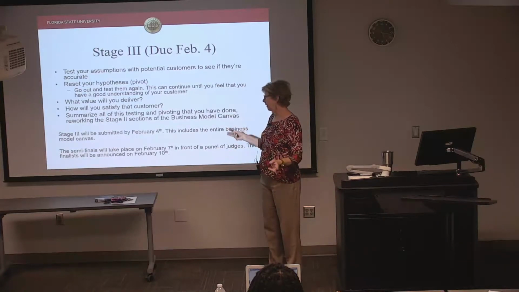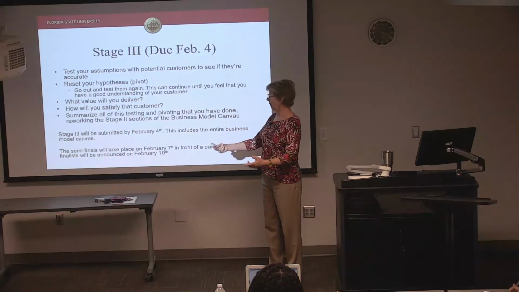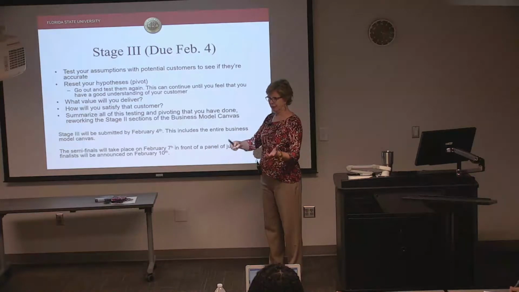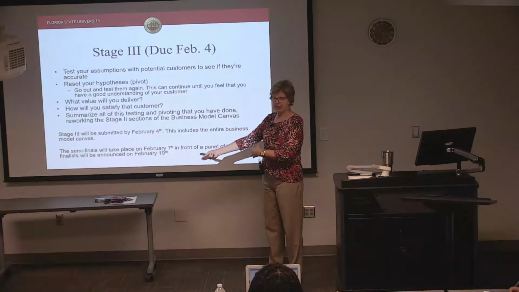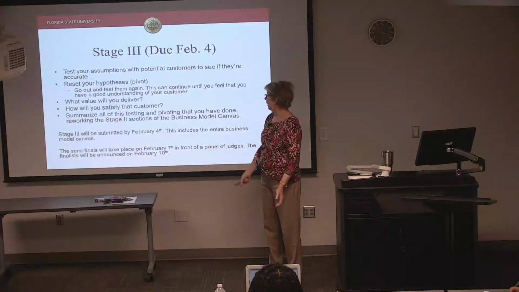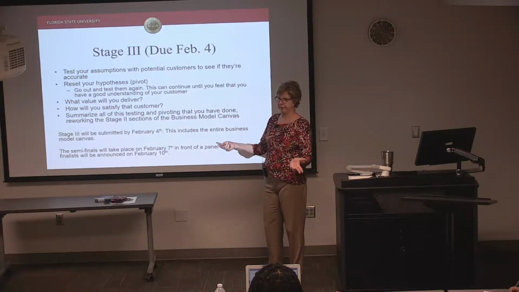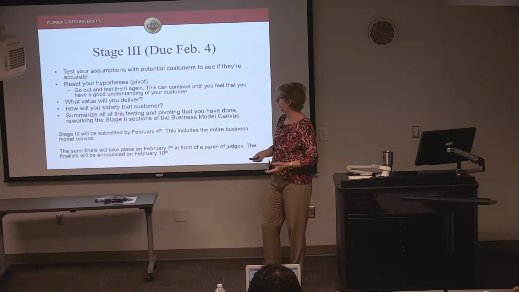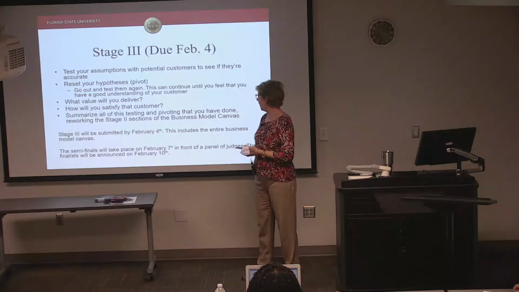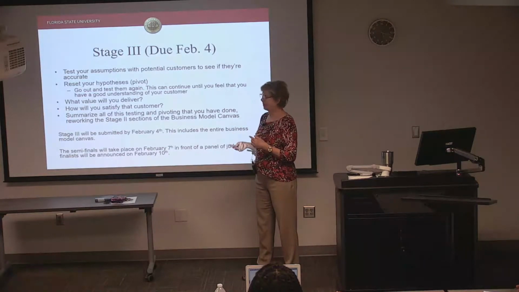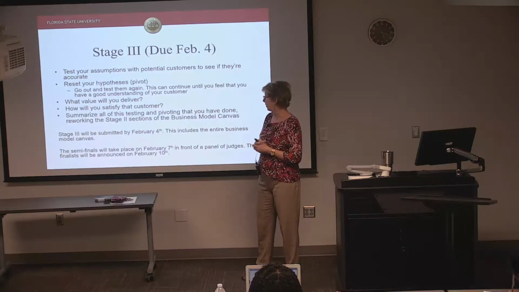This is what we did in the process, and so these things changed, these didn't change because we found out, yes, this was accurate, we really do have 100,000 people that would want to buy this thing, or whatever you've done to prove your assumptions in the earlier submissions, what value we deliver, how you're going to satisfy your customer, and just summarize all of that and submit that in the sections of the business model canvas.